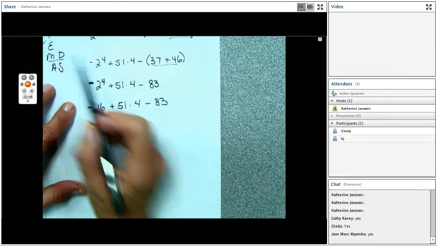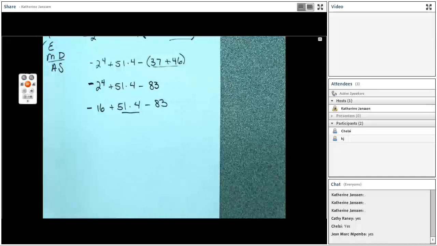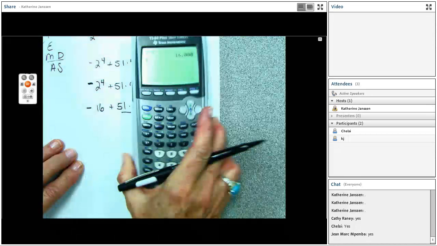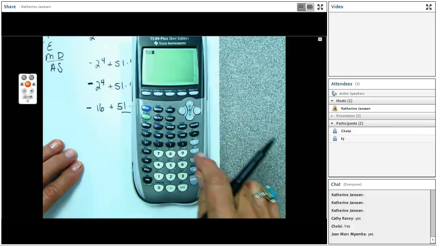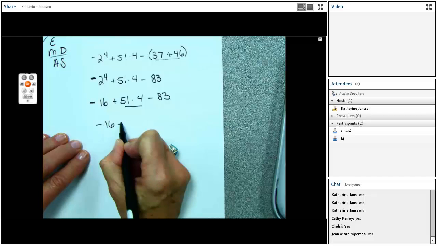So multiplication and division from left to right. Oh, 51 times 4 is 204. Copy everything else down the same.